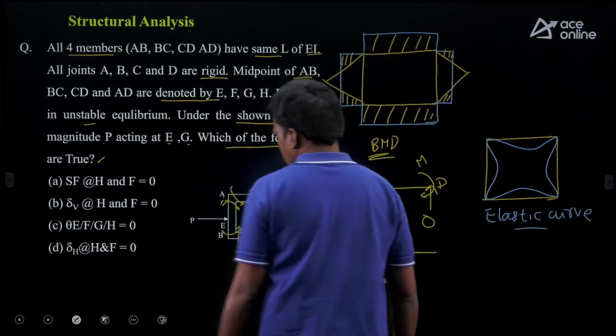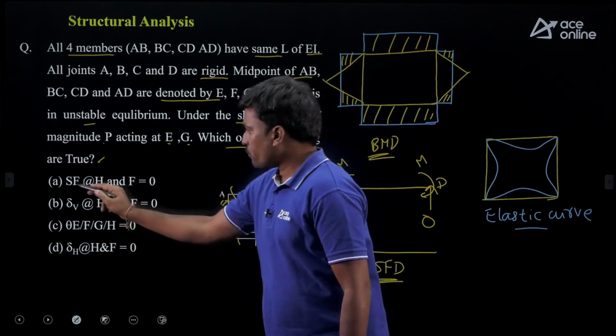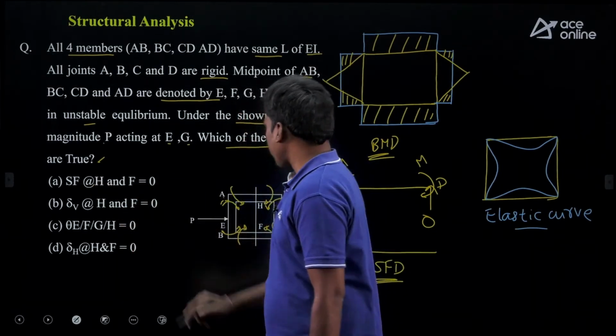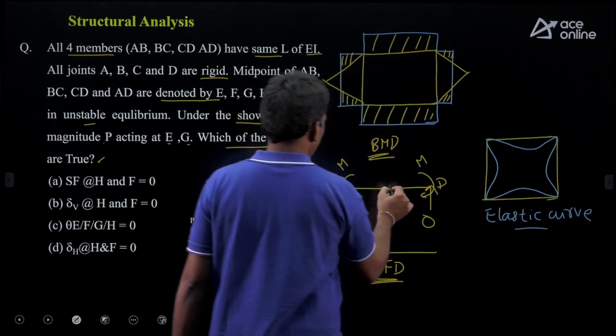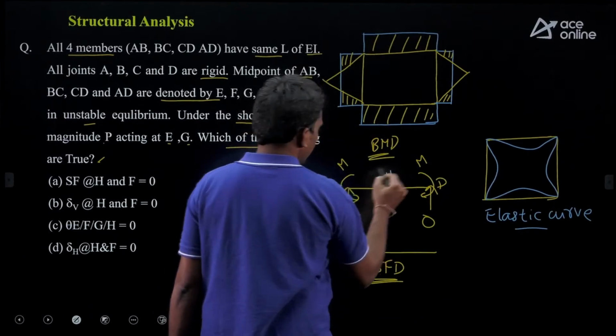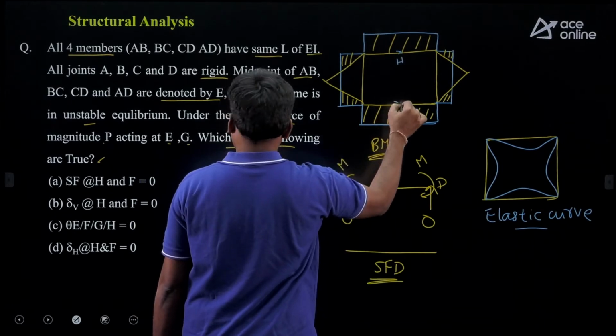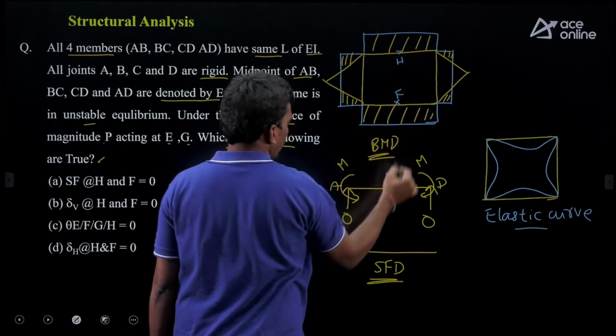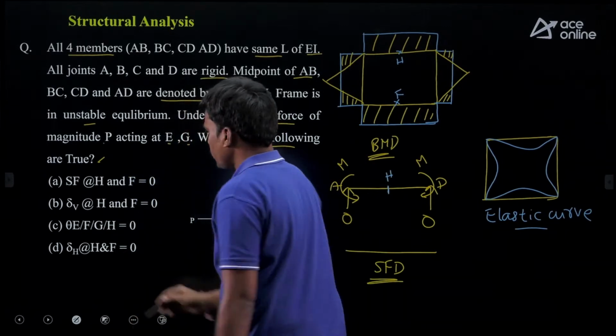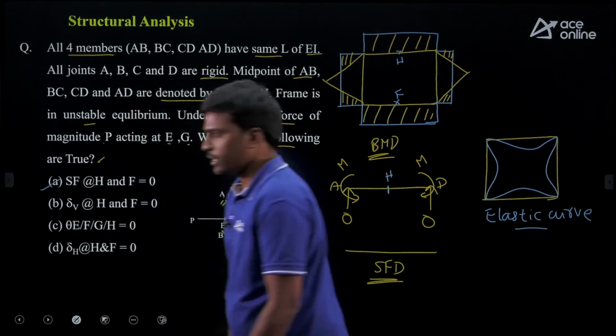Right. Now we see the statements. Shear force at point H and F are 0. So what is the shear force here? This is the point H. And due to symmetry, this is point H and this is the point F. Yes, shear force at point H is 0. So this is correct only.